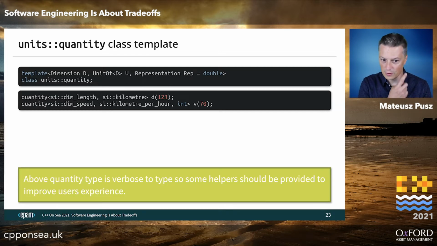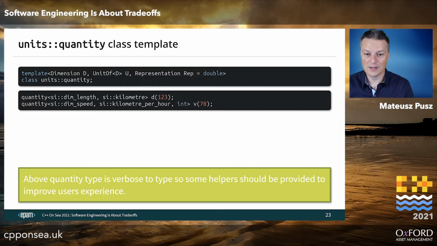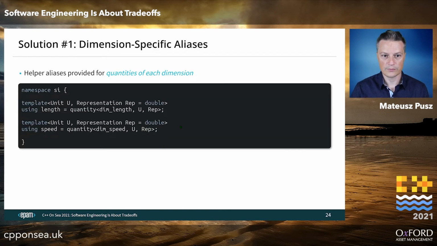In order to improve the user experience, we want to provide some helpers. And there are some alternatives here. Solution number one, I call them dimension-specific aliases. Those aliases are provided for quantities of each dimension.